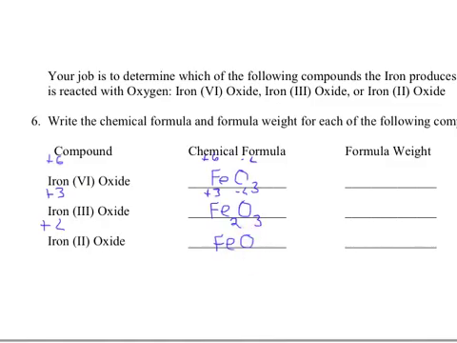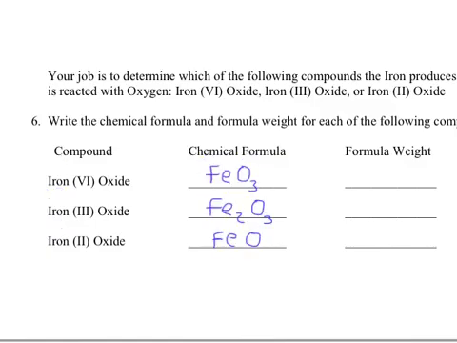Now I've got to find their formula weights. Let's just clean these up a little bit. Okay, so let's just start with the first one here. Here's my chemical formula, FeO3, I want to find the formula weight. Sorry, I called it formula weight. We should be calling it formula mass, but here we go. In order to find that, I see I have 1 Fe.